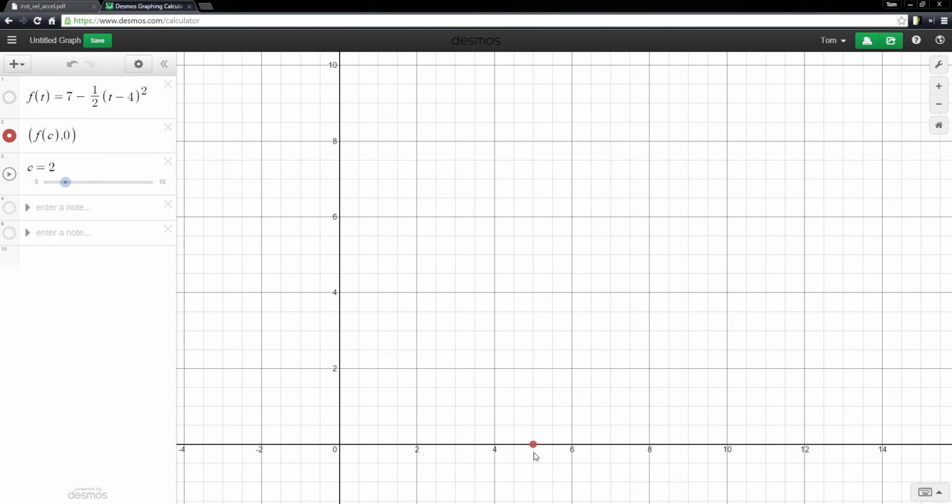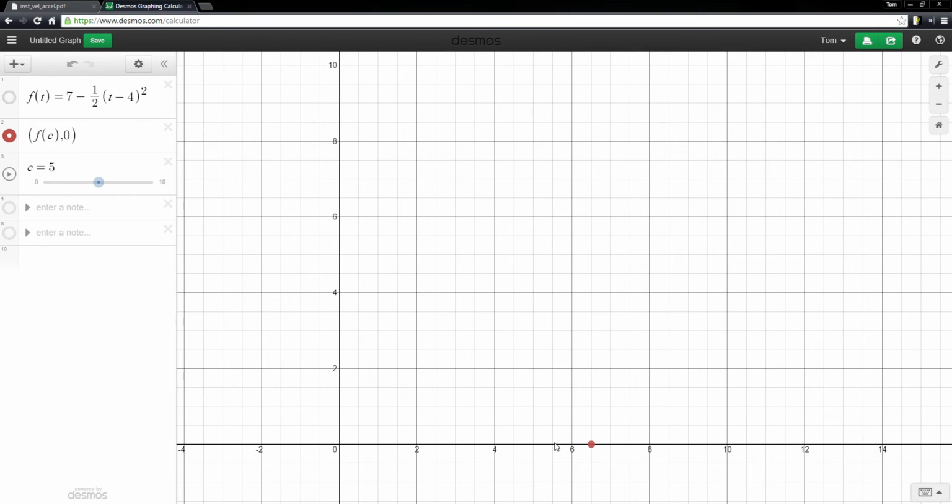So at time 2, the object was at position 5 here, and then at time 5, the object was at 6.5. Notice the scale here is 2 blocks equals 1 unit, so it was at 6.5. Okay, so that's kind of what we were doing before, looking at the motion.